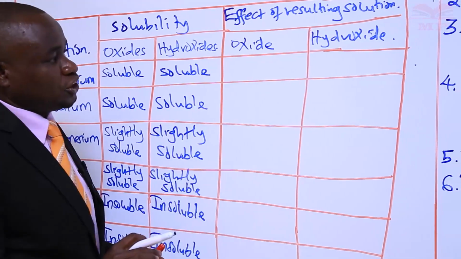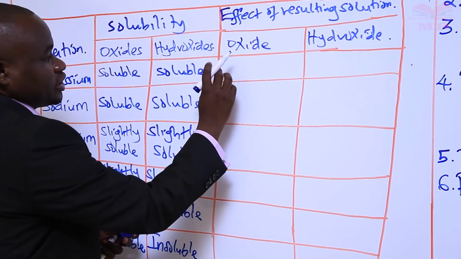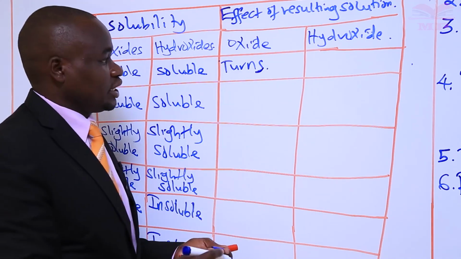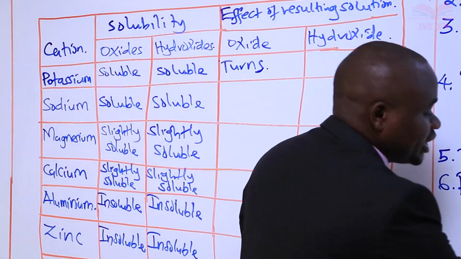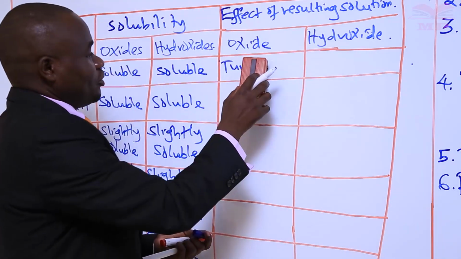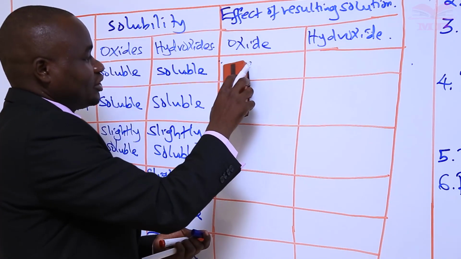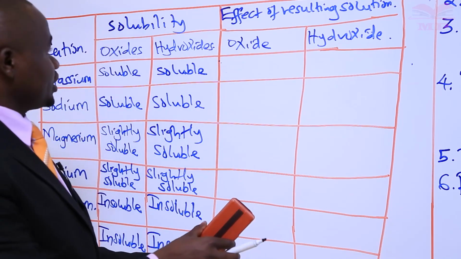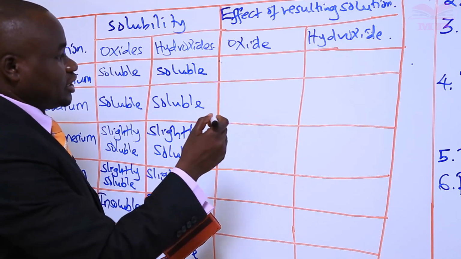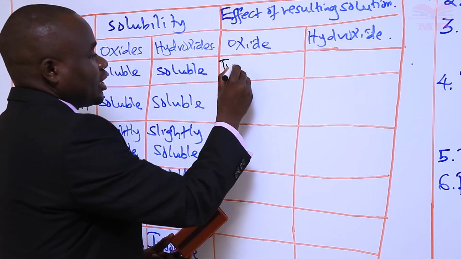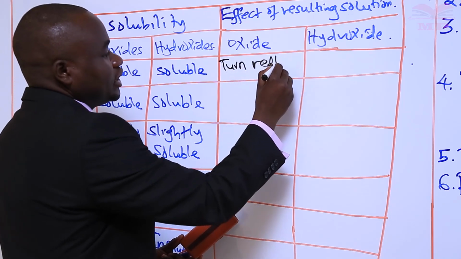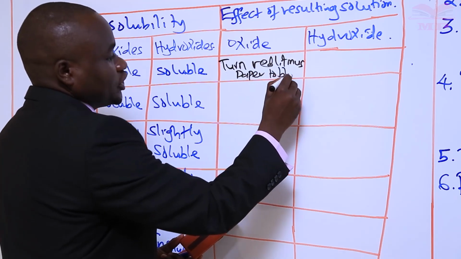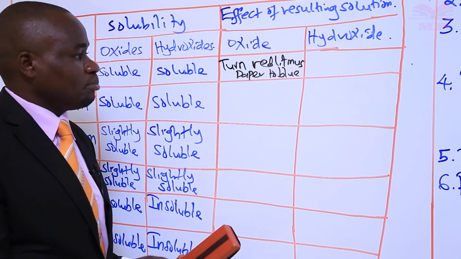So that's what we put in our table here, that the resulting solution turns red litmus paper to blue. That's why we are saying that the solution is going to be a basic solution. So the oxide of potassium, when dissolved in water, the resulting solution will turn red litmus paper to blue, because that solution is a basic solution.